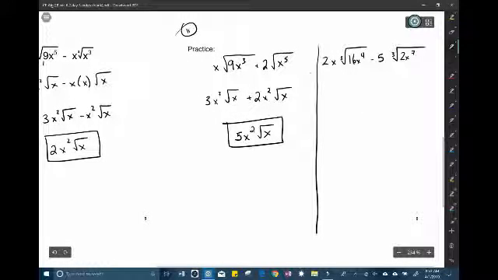This one here, cubic root, so I'm thinking 8 and 2. 8 is the same thing as 2 to the third times cubic root of 2, or 2x cubic root of 2, minus 5.